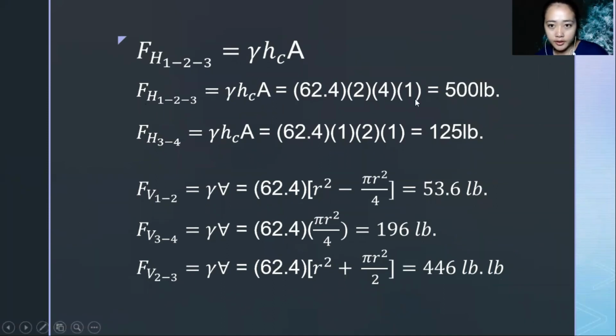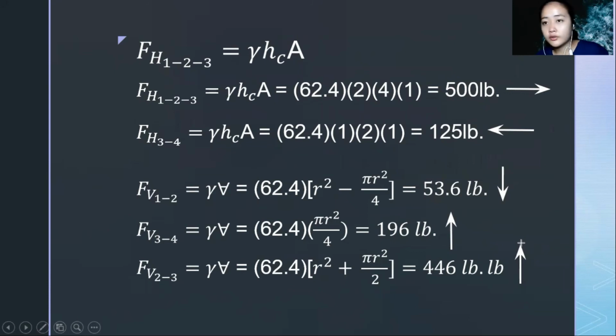So in this part, this horizontal force is going to the right, and this is going to the left, and this vertical force here is going down, and this vertical force here at points 3 and 4 is going up, and also here points 2 and 3 is going up.